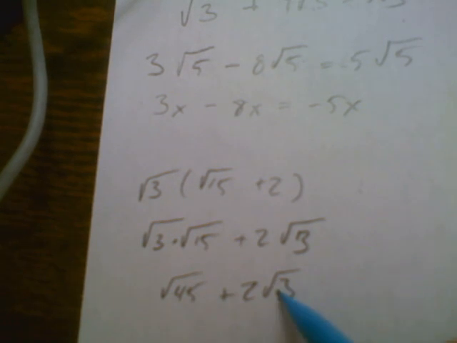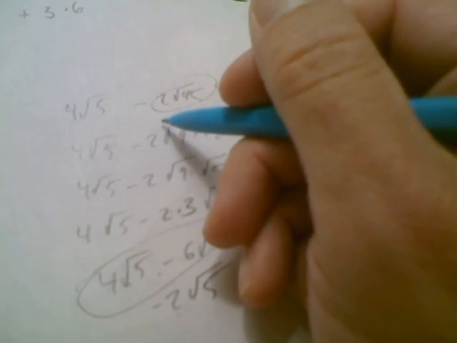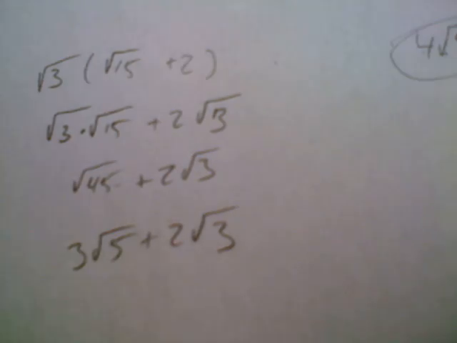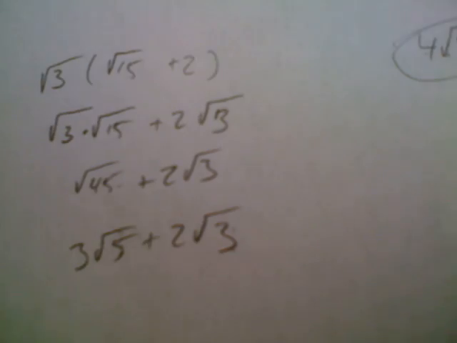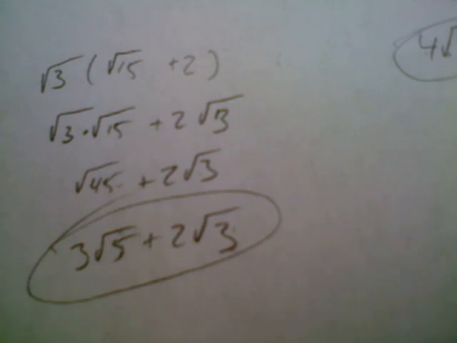We've done square root of 45 already, so we know how it goes. This becomes 3 square root of 5 plus 2 square root of 3. These are not like terms. Square root of 5 and square root of 3 are already in simplest radical form. We can't simplify them anymore, and they are not the same thing, so we have to leave it like this.